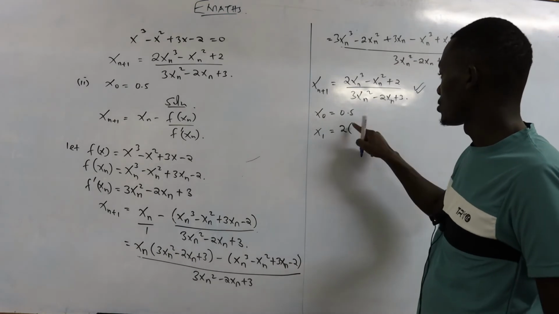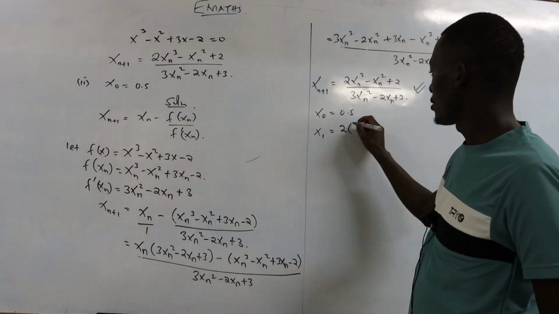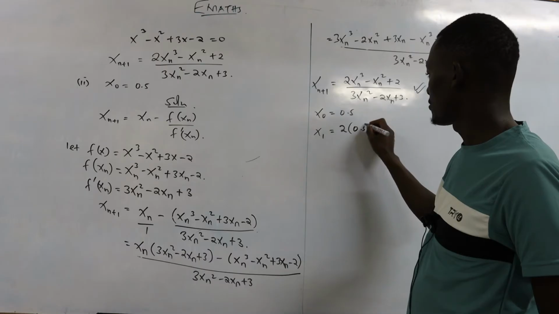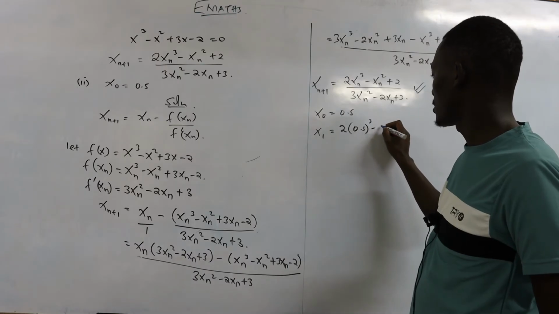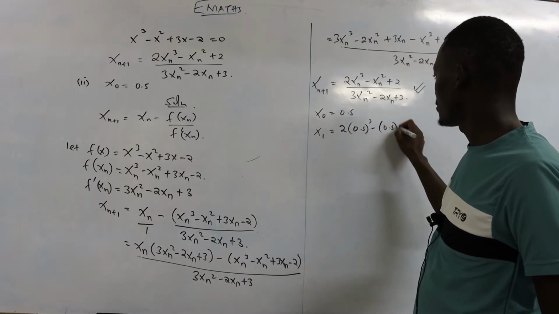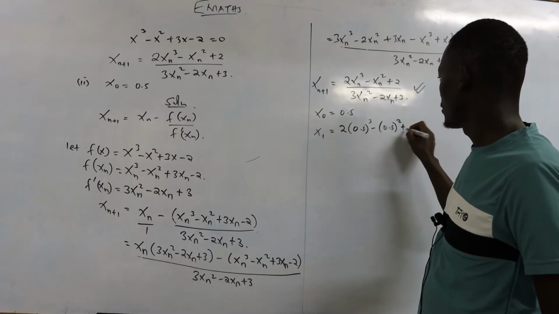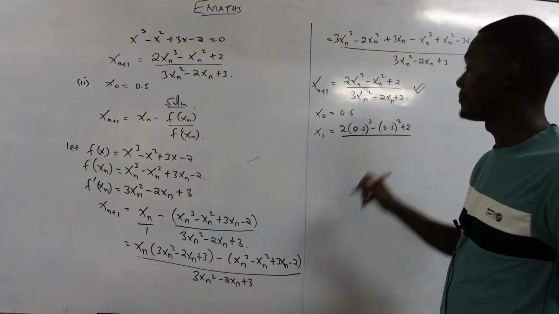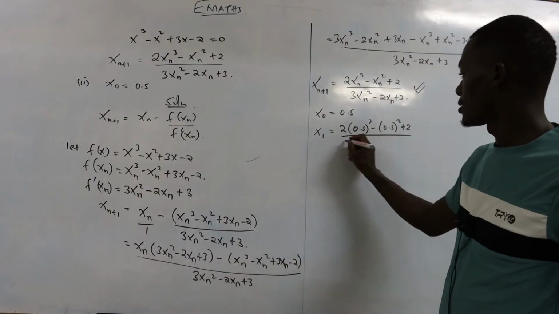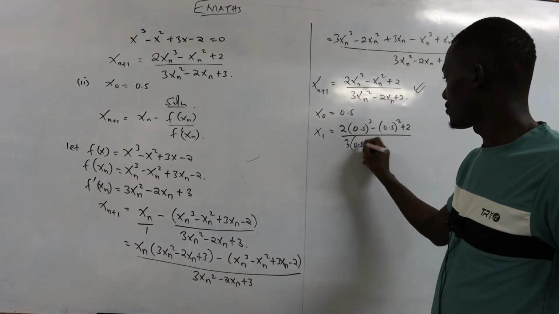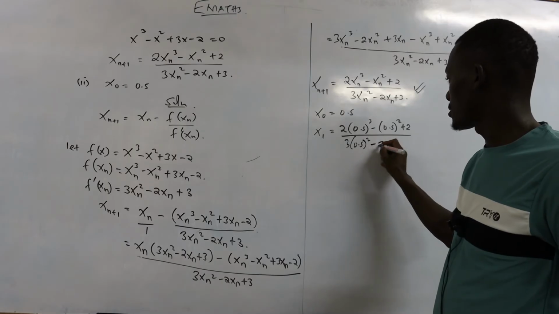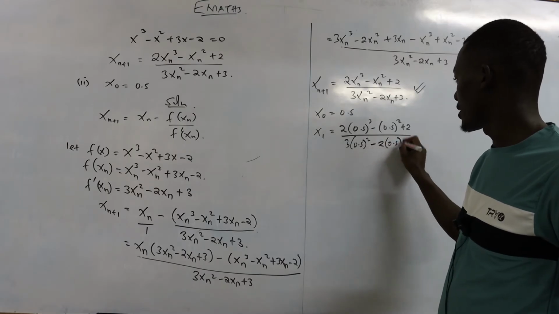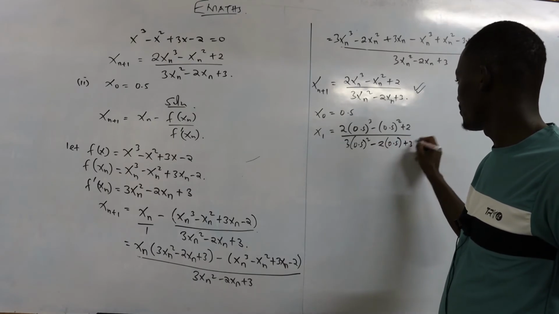Are we together? So therefore, our first approximation was 0.5. Then we have cubed minus 0.5 squared, okay, plus 2, right? Then all over 3 times 0.5 squared minus 2 times 0.5 plus 3.